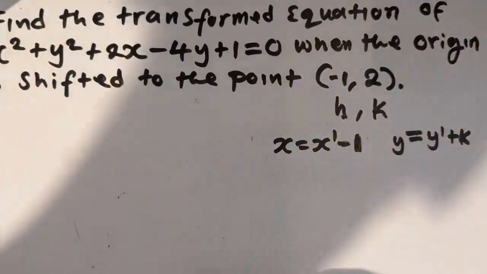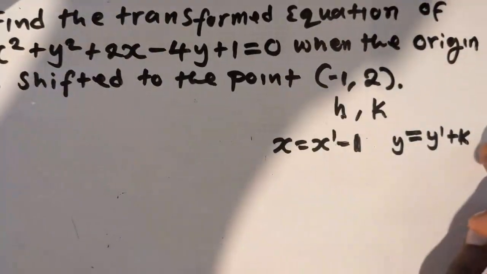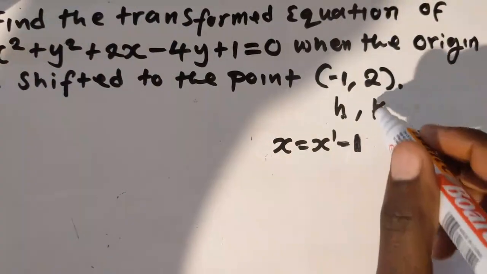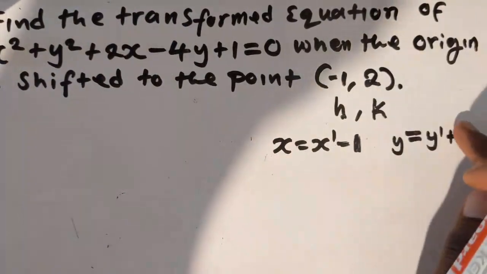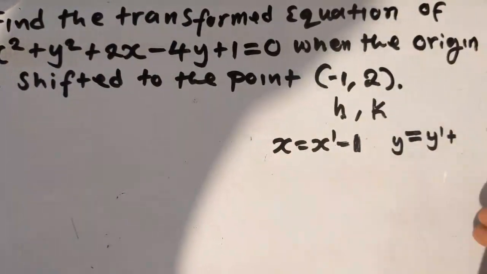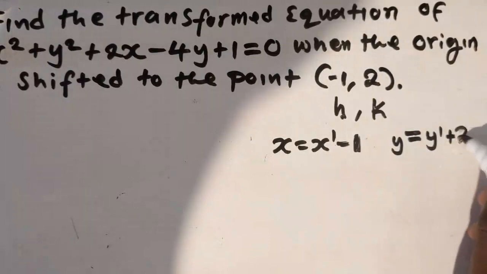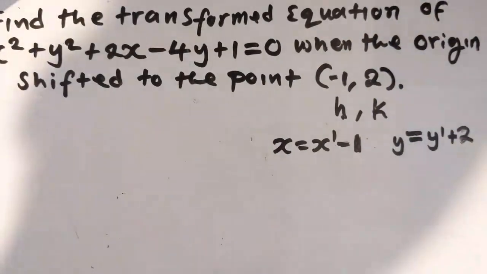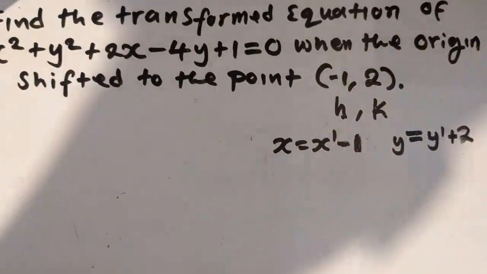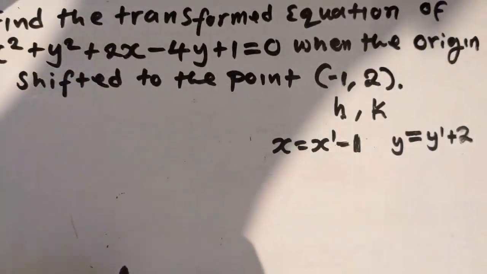Then even here we are going to remove the k because k is equal to 2, and replace it by 2. As simple as that. So that is what we are supposed to do.